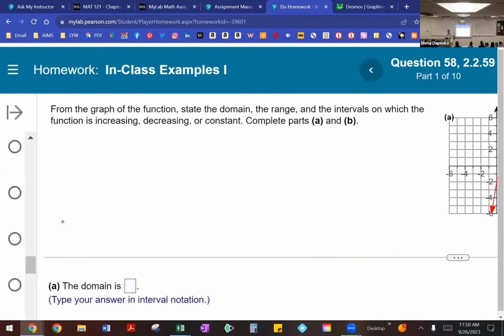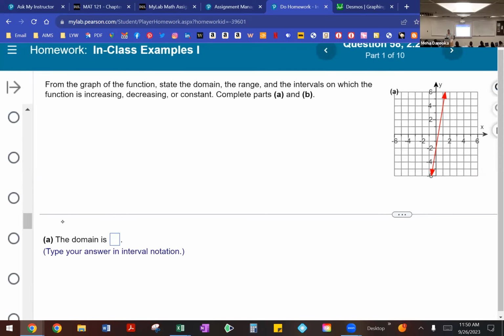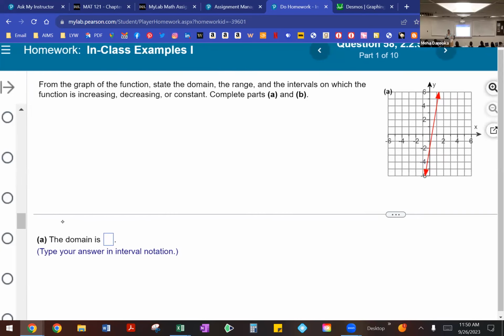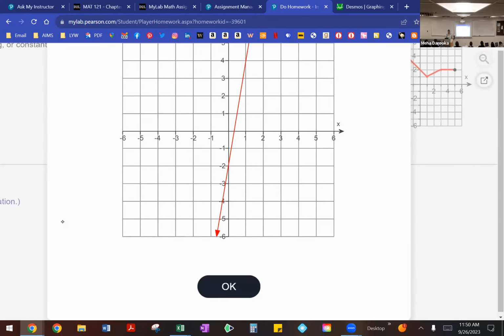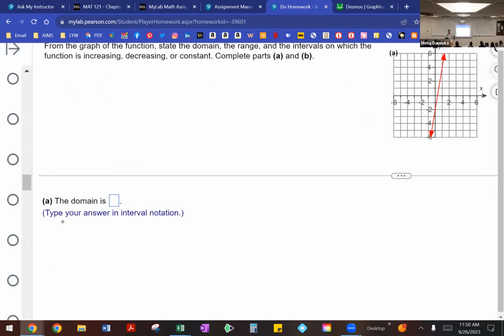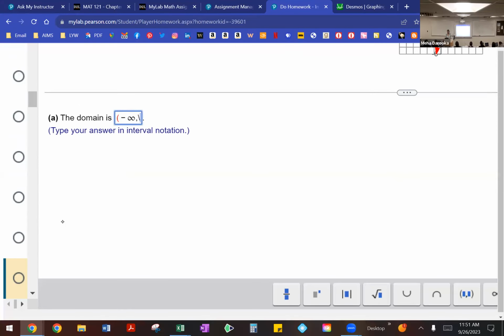So this one is asking us to write the domain. So we're doing this for graph A. What is the domain for this one? All your numbers, yeah, very good. This is going from negative infinity.